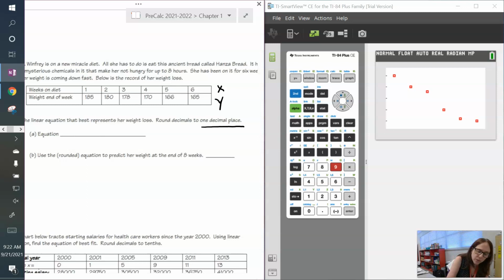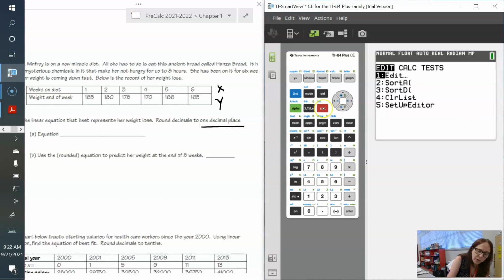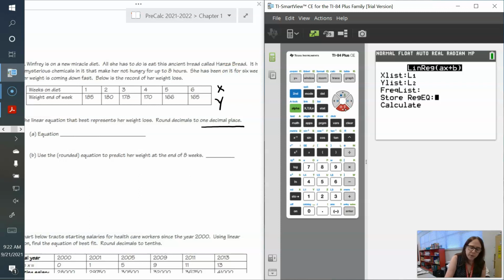Let's go ahead and get that equation. We are going to go to the Stat menu, then Calc. We want the linear regression, which is number 4. L1 is our X, L2 is our Y. We're going to store this one. Let's put it in Y1 again.